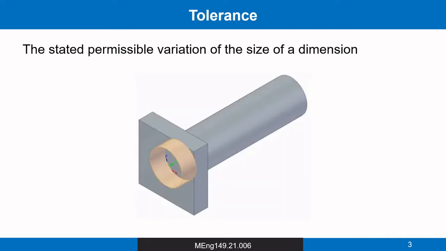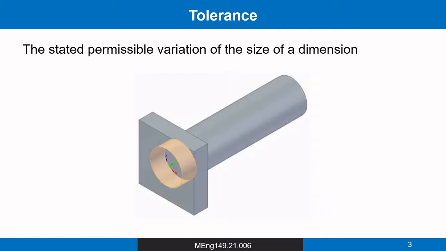Okay. So tolerance is defined as the stated permissible variation of the size of a dimension. Okay. So part of machine design or the process is that it involves fits. So machine parts include or involve fitting a machine component into a hole.